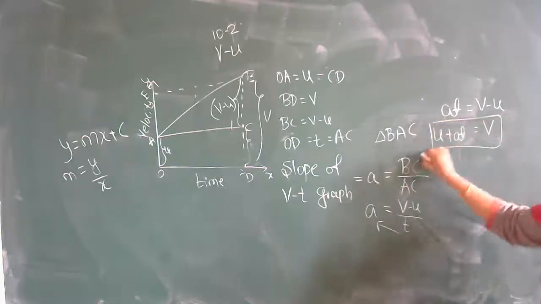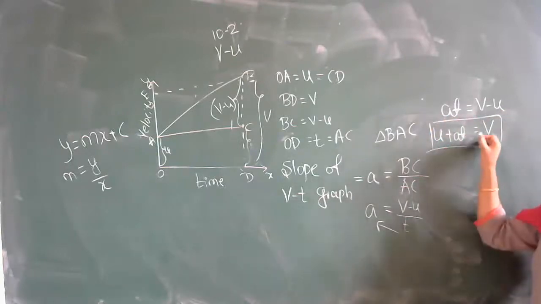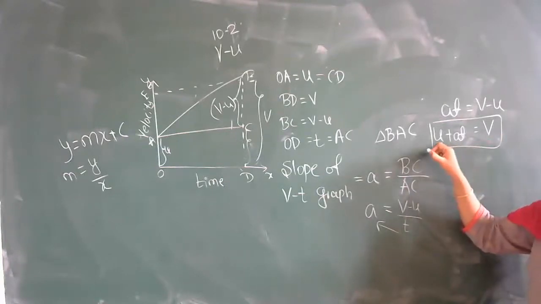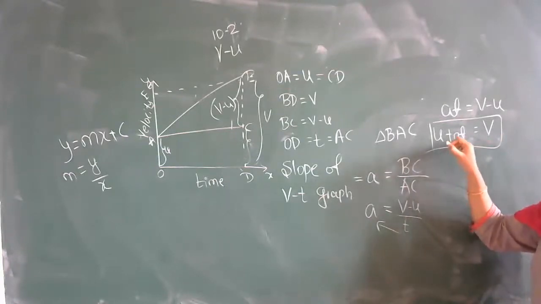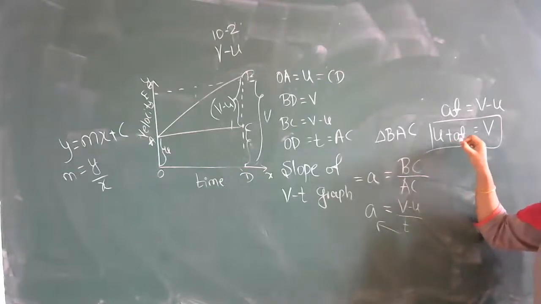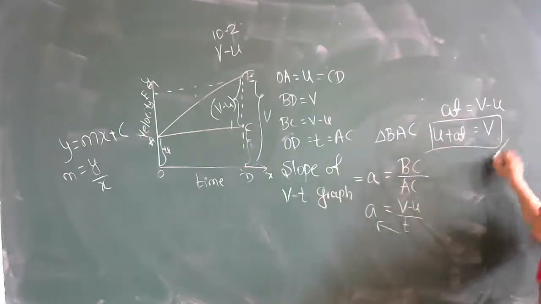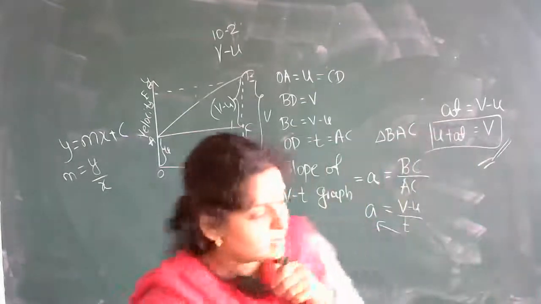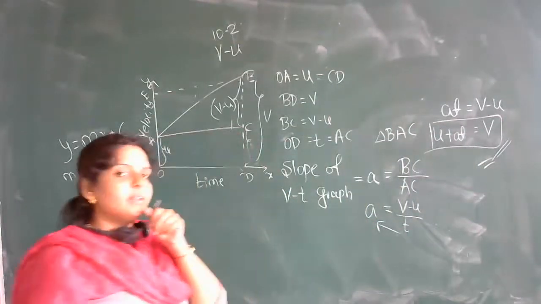So this is your expression for final velocity: final velocity is equal to initial velocity plus acceleration into time. This is your first derivation, the first kinematic equation.